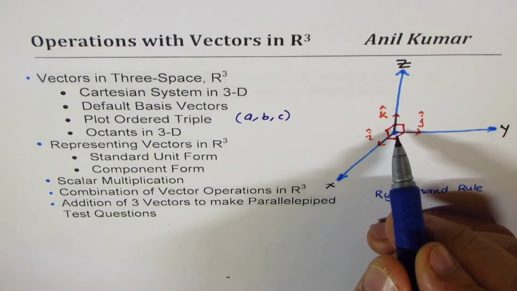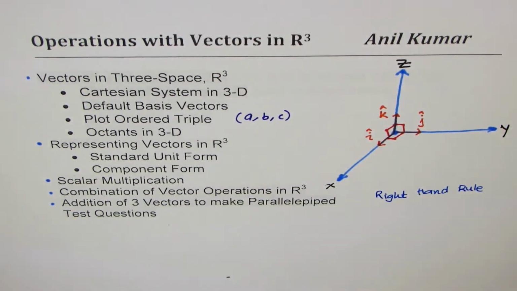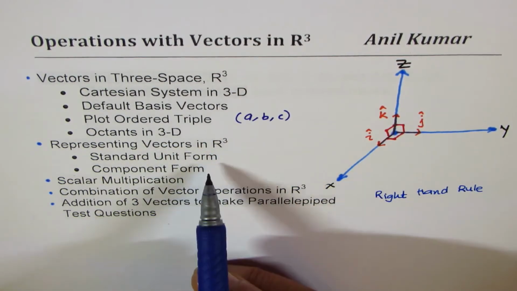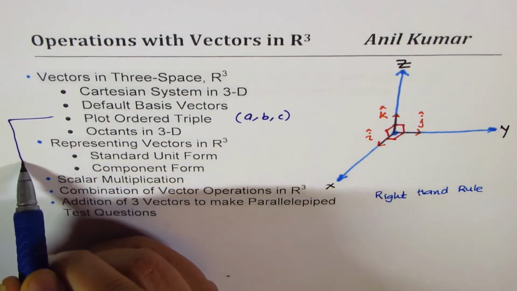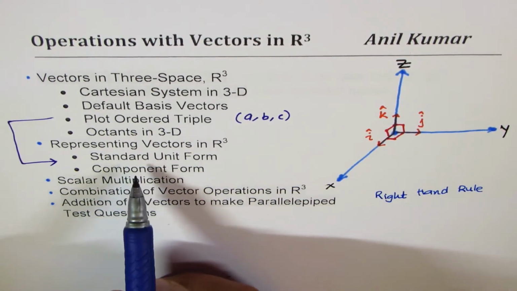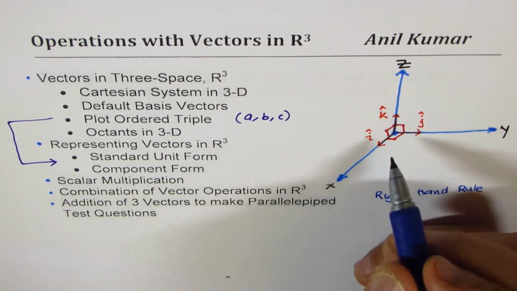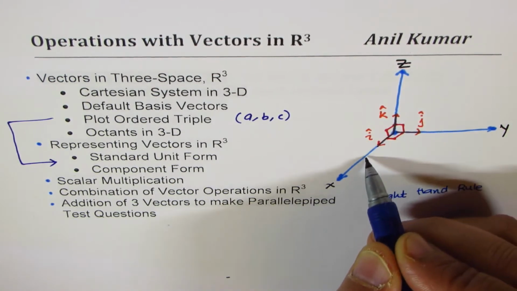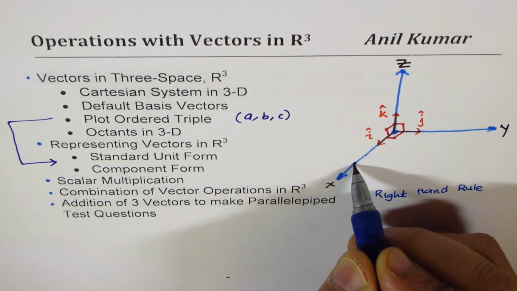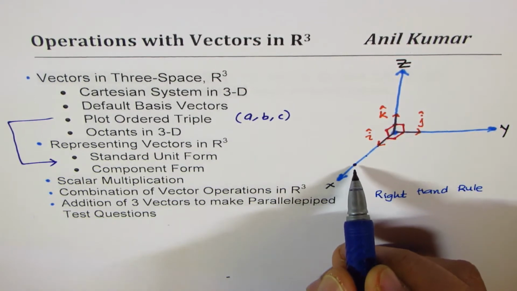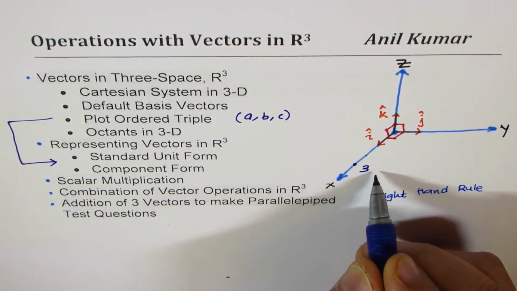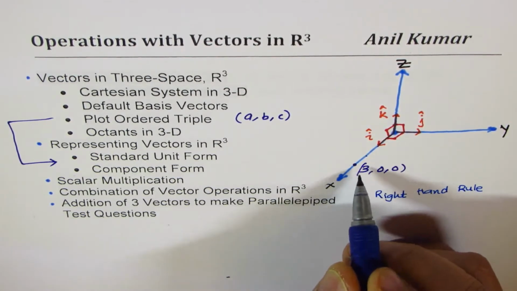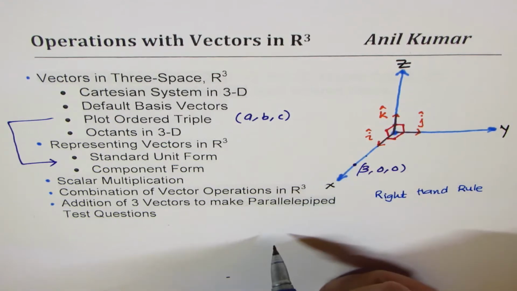I'll skip to the next topic, since that is related to the ordered triple. Let us say I move 3 units in this direction, 1, 2, and 3. Then this point will be represented as (3, 0, 0), since I moved 3 units towards the positive x-axis.